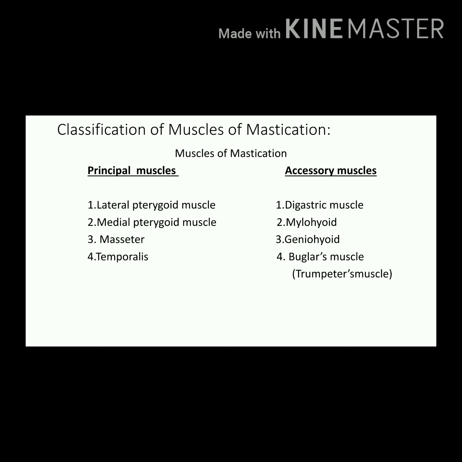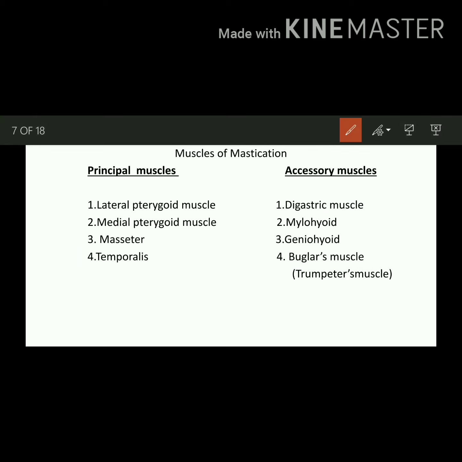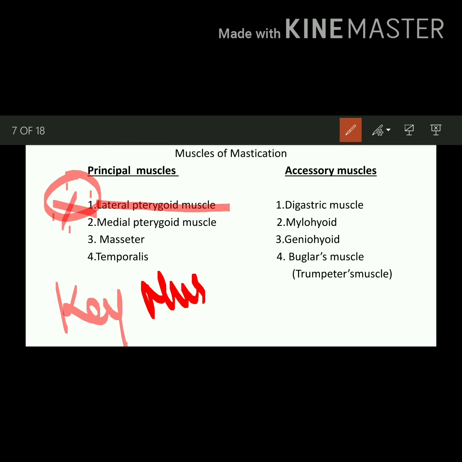We have principal muscles of mastication and accessory muscles of mastication. The principal muscles of mastication are four, namely lateral pterygoid, medial pterygoid, masseter, and temporalis, of which lateral pterygoid is an important muscle because lateral pterygoid is the key muscle of the infratemporal fossa.